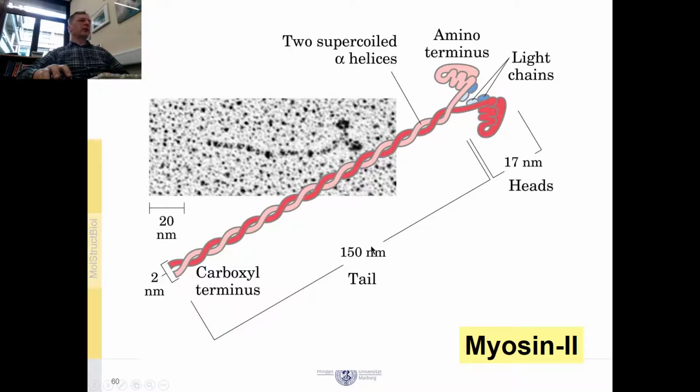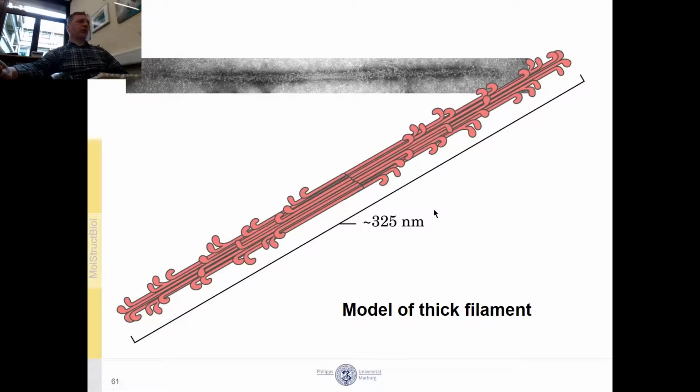Sorry for getting it wrong. So it's pretty long, 0.15 micrometer. These are the heads, which are about 17 nanometer long, which is pretty large nevertheless. So it's a protein complex. These heads comprise light chains, 2 different types of light chains, and the heavy chain is actually the one shown in light red. So that's myosin 2, one of the major components.